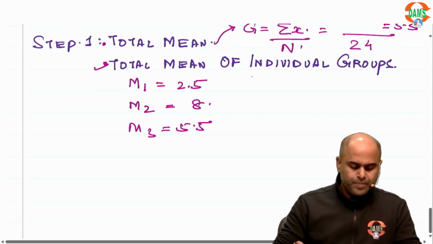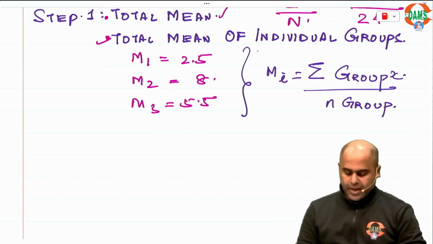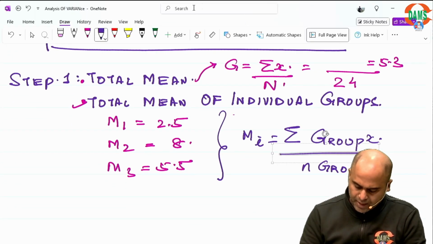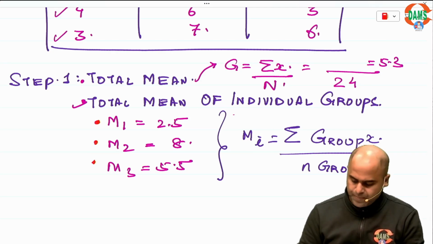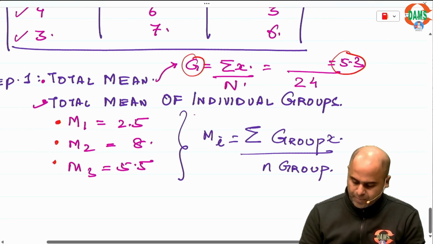Yes guys. Now going to the next step, that is step number 2. Okay guys, so now you can see we have 3 values over here for M1, M2, M3. We also have the value of G, which is 5.3.